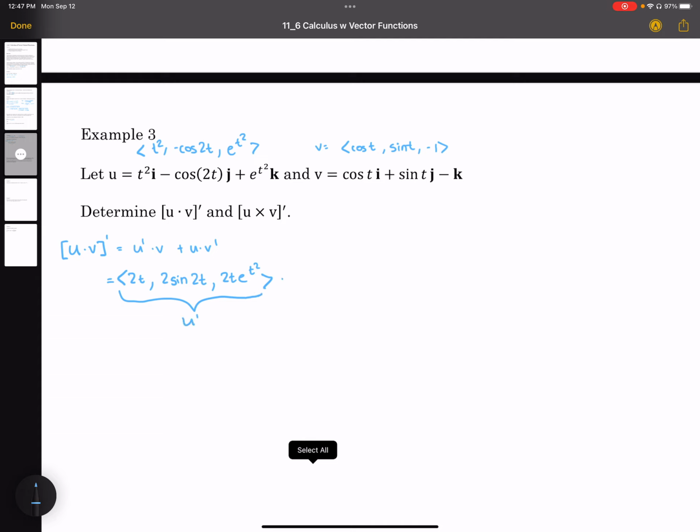So all of this is our u prime. And then we multiply this by v, which is cosine t, sine t, and negative 1. So we're just doing the dot product of that.